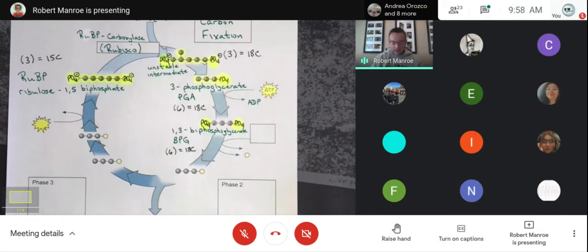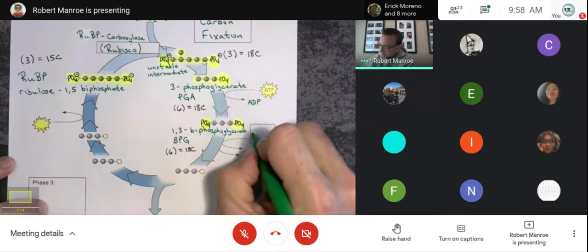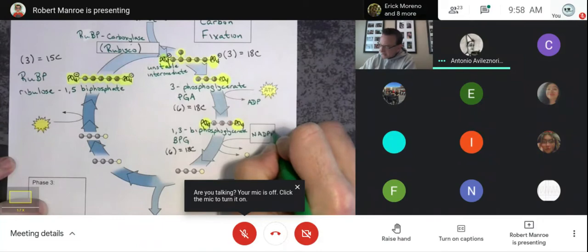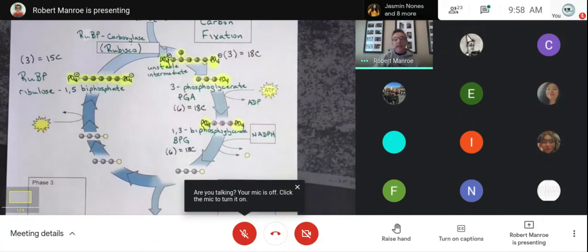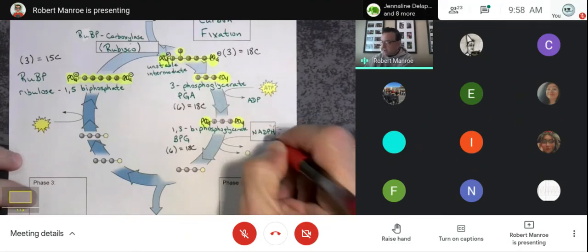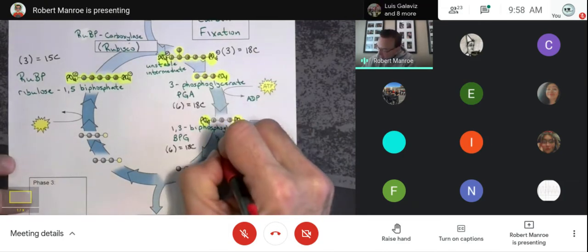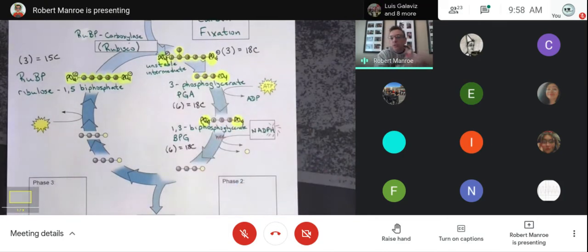Now, what was the other product of the light-dependent reactions? ATP and what? NADPH. Okay. NADPH carries those high-energy electrons. So those high-energy electrons are going to be transferred to BPG. Well, since NADPH is giving up its high-energy electrons, what process am I going to put right on that line right there?